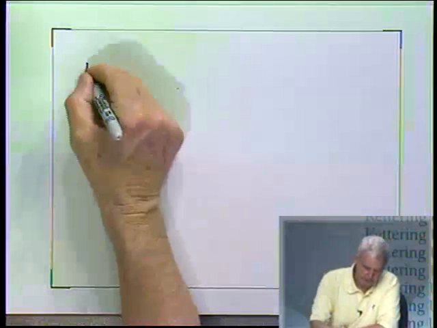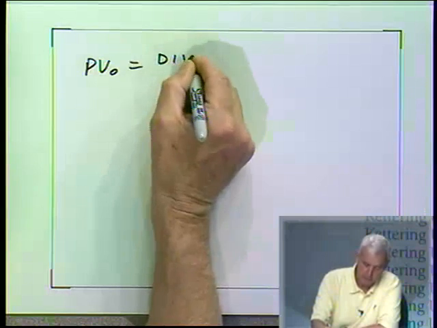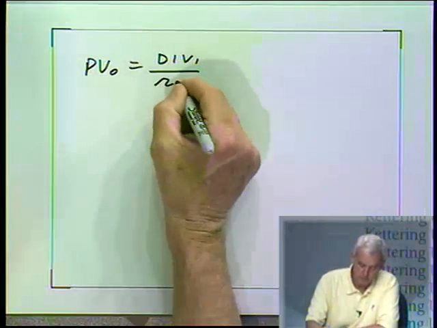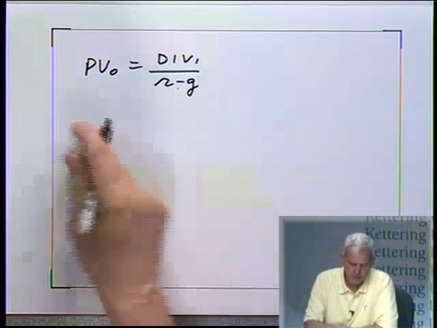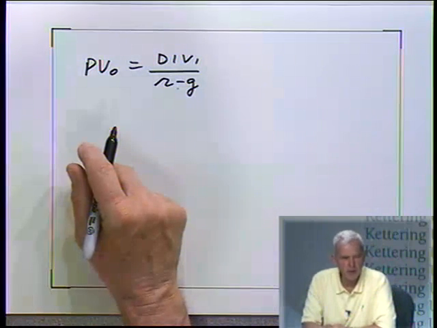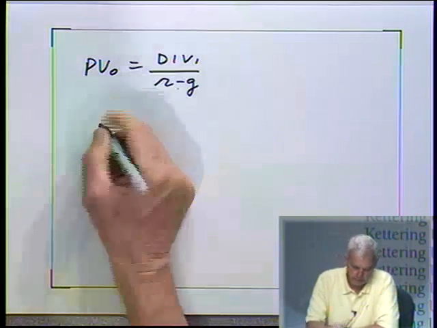You remember this model, PV0, the so-called Gordon model. Div 1 over R minus G. Somebody said solve that for R. Is it possible to solve that for R algebraically? Yeah, it is.